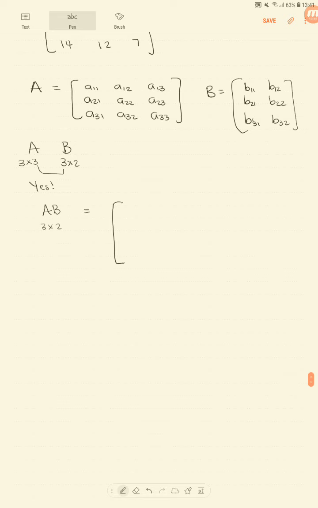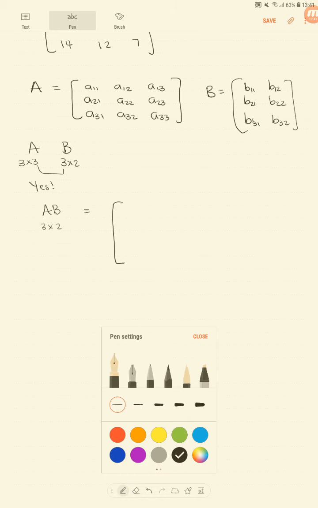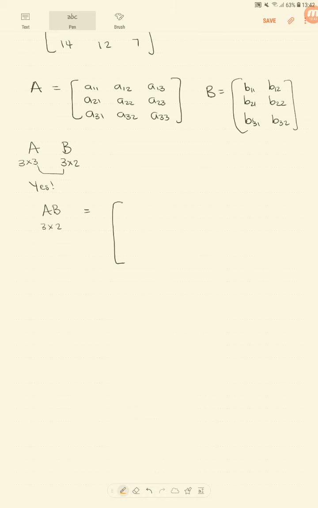So A times B. We take entry 1, so we take row 1 times column 1. It would be A11 B11 plus A12 B21 plus A13 B31.